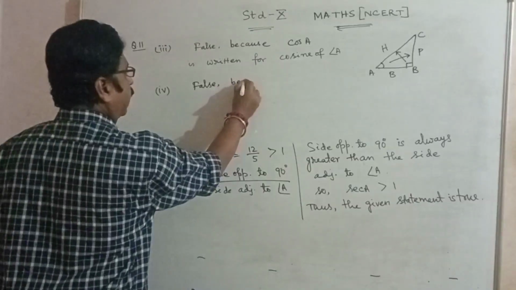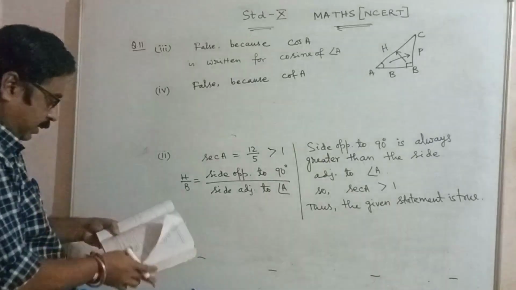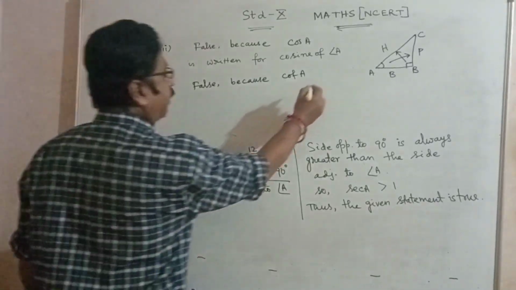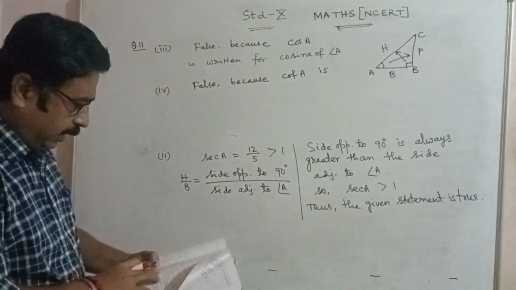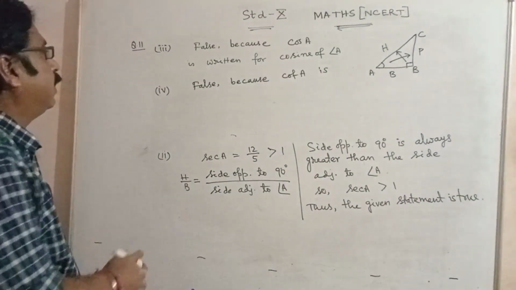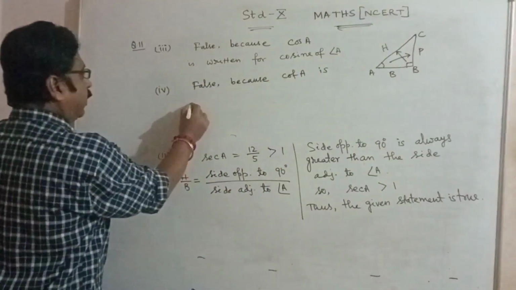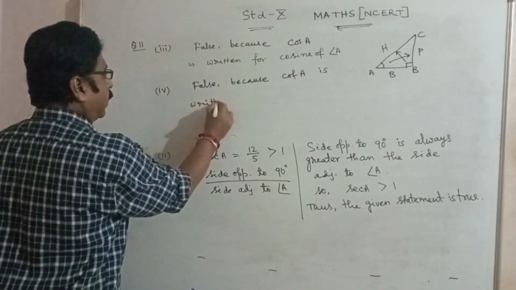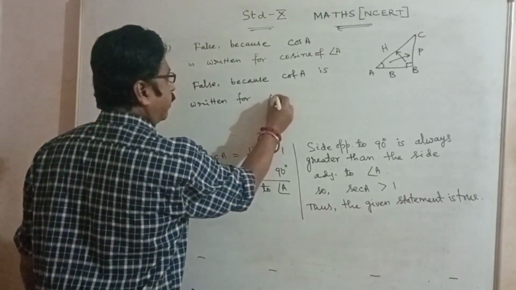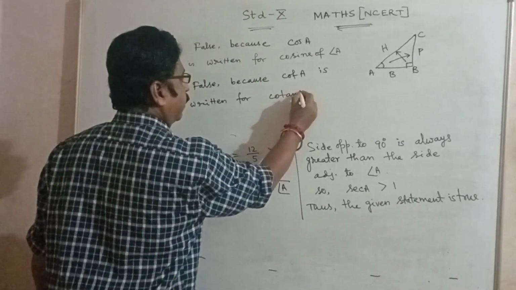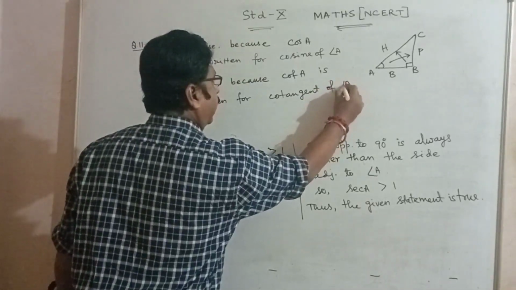Because cot A is written for, or you can write this language, cot A is the abbreviation used for cotangent of angle A.